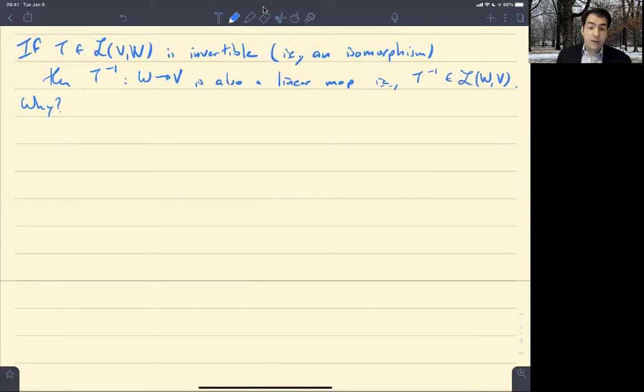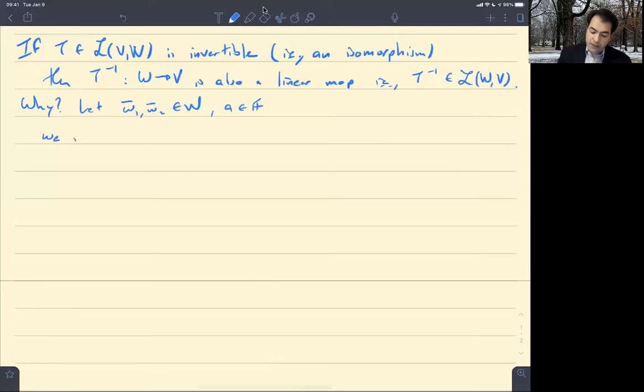Well, just like we did a moment ago, to check whether or not a map is linear, what we need to check is that it takes linear combinations to linear combinations. Right? And it's enough to do linear combinations with two vectors and one constant. So let W1 and W2 be vectors in W and A an element of the field.